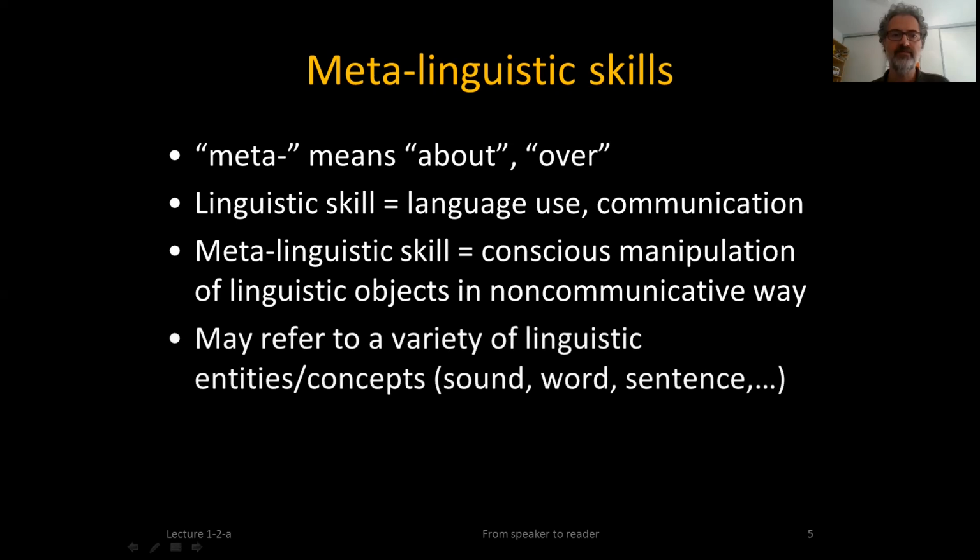And this can refer to various linguistic entities. So, for example, understanding that a word is a thing is a meta-linguistic ability. The linguistic ability, which a 3-year-old has, is to be able to say table to refer to a table or banana to refer to a banana.